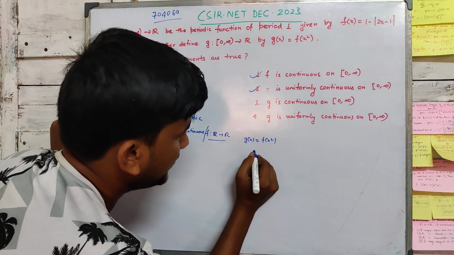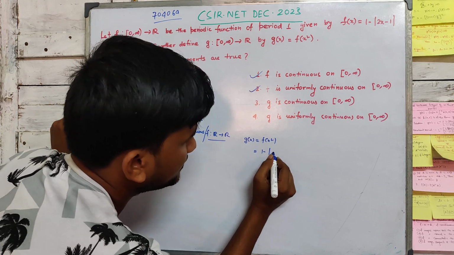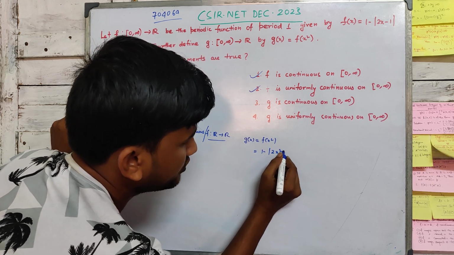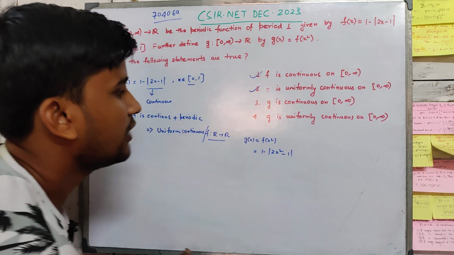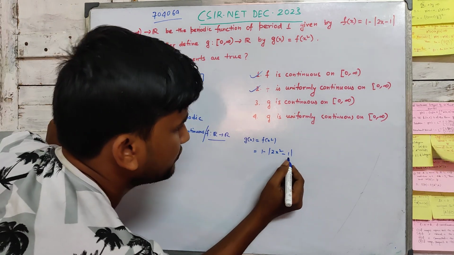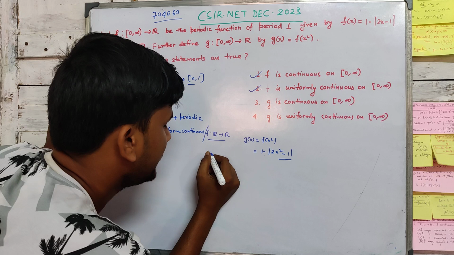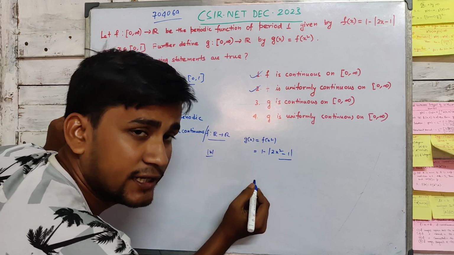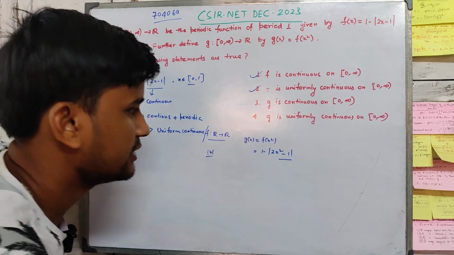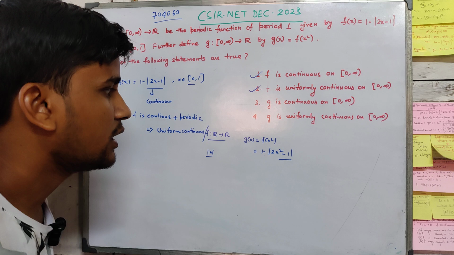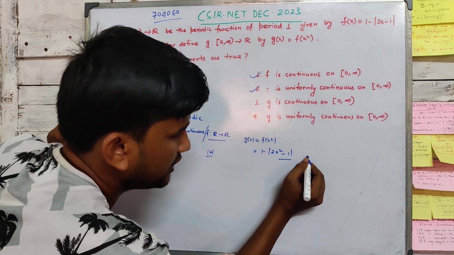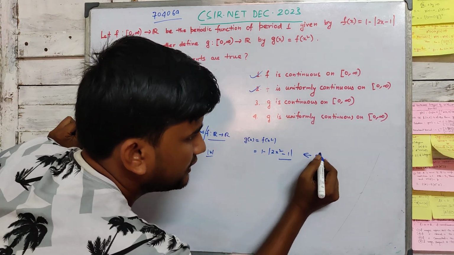Okay, so that means f of x square means 1 minus mod of 2 of x square minus 1. Okay, fine. Also see, this function is again a continuous function, as we know that any mod function, mod of x, is continuous, no problem, and 1 minus 2x square minus 1 is also continuous. The problem comes in the mod function in differentiability.